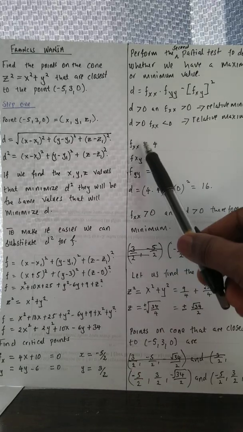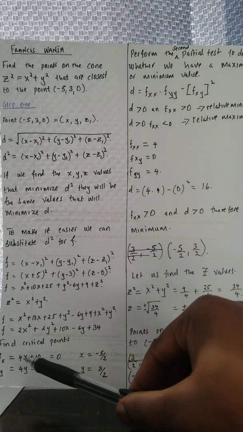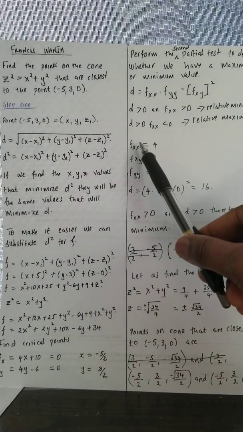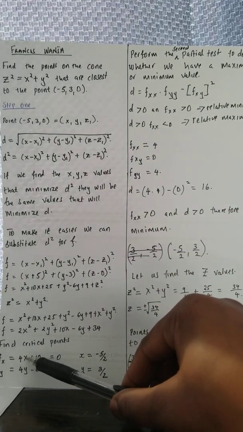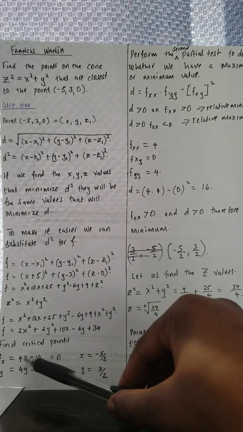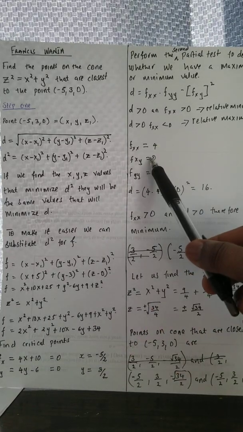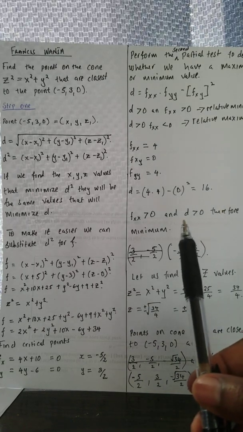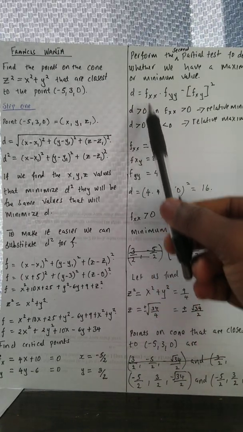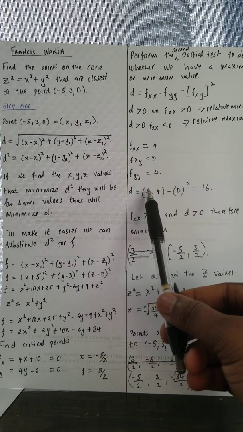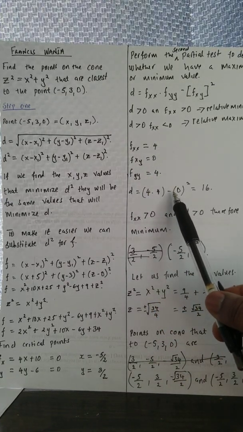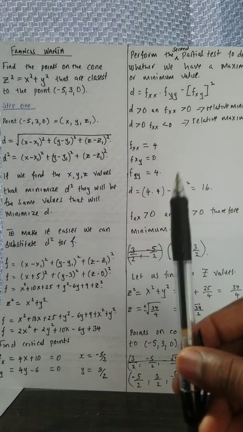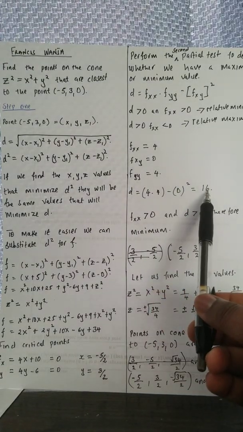Basically, we take the 4x and try to find the derivative with respect to y, but since there is no y value, we get 0. We plug these numbers into the formula: D equals 4 multiplied by 4 minus 0 squared, so D is 16.